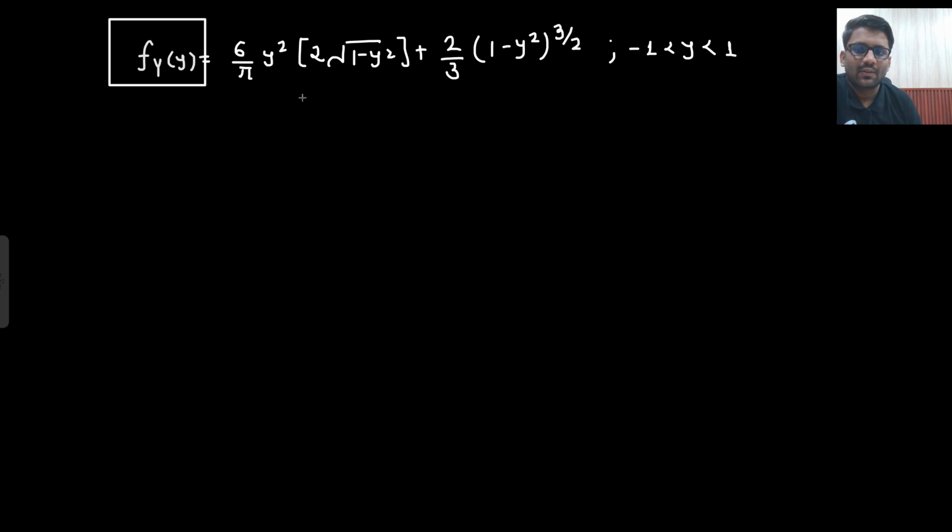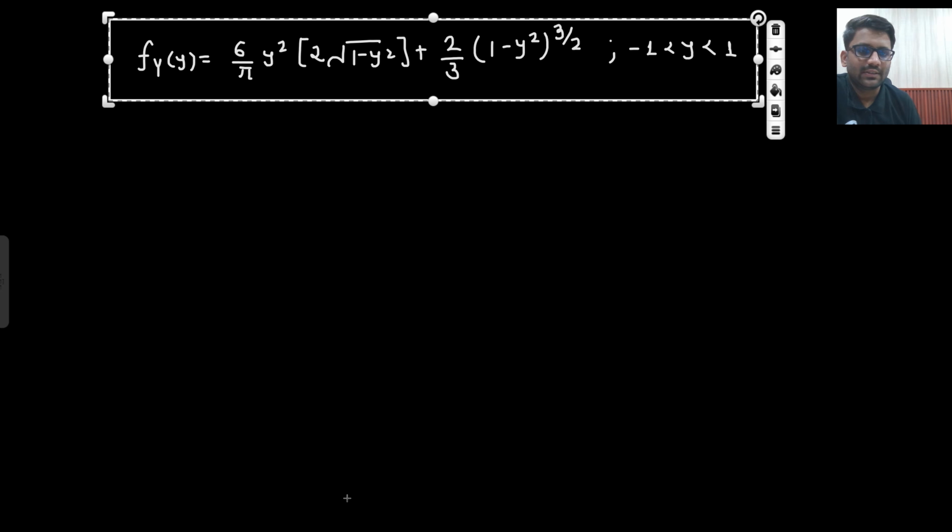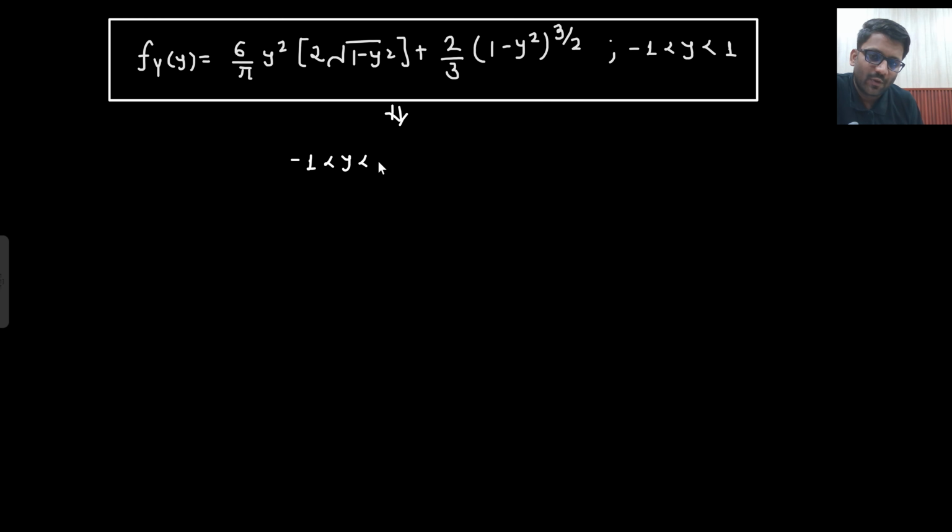So here as well, this is the expression, and from here also you would see that in the range of y going from minus 1 to 1, fy of y is equal to fy of minus y, and from here you will see that expectation of y is equal to 0.